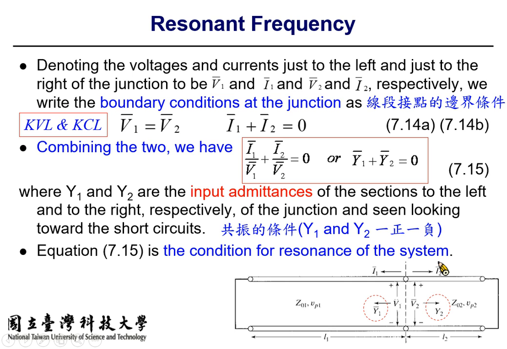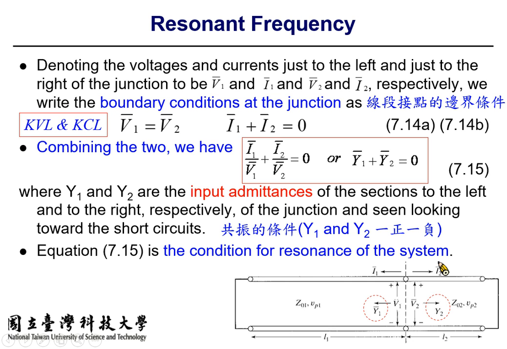The voltage to the left and to the right are the same, so V1 equals V2. The total current on the interface must equal 0, so I1 plus I2 equals 0. Note that the I1 direction is defined going into the transmission line. So the I1 direction on the bottom is pointing to the left, and the I2 direction is pointing to the right.